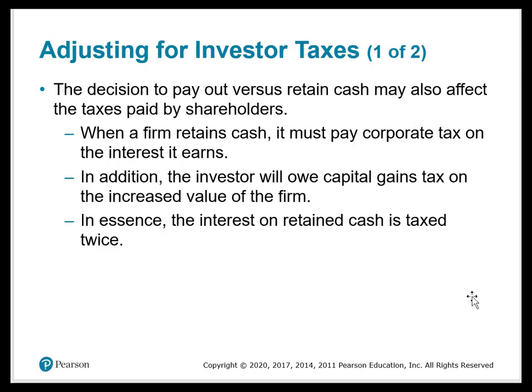The decision to pay out versus retain can also affect the taxes paid by shareholders. We've talked about this. If they retain cash, the company has to pay a corporate tax on the interest it earns. In addition, investors are going to owe capital gains on any increased value. So in essence, if you retain cash, this retained cash is taxed twice: once at the corporate level, and then once on the increased value of the company.